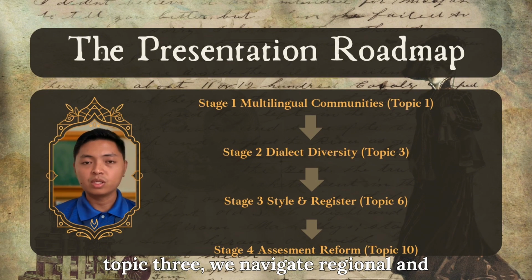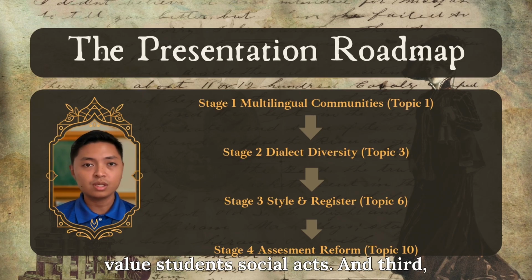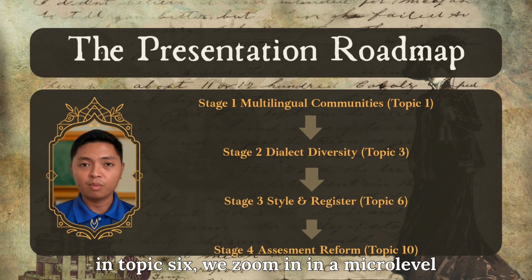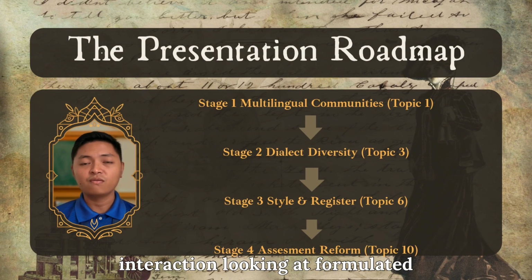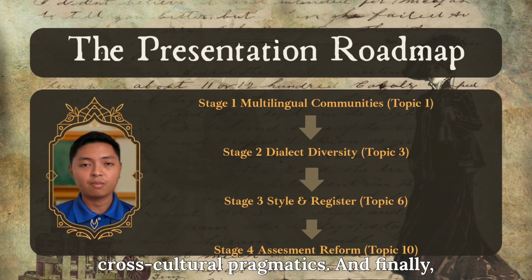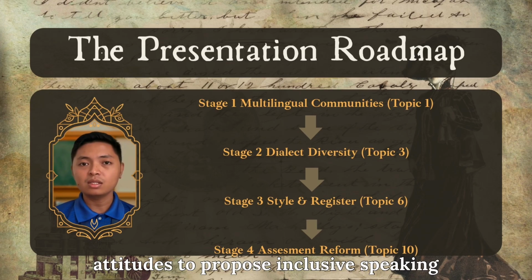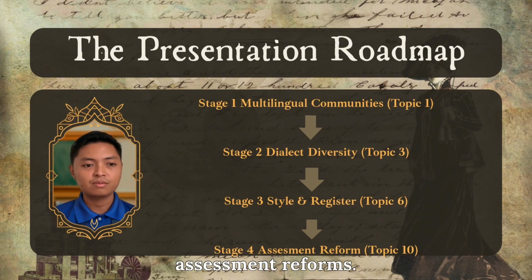Second, in topic 3, we navigate regional and social dialect variations, showing how to value students' social dialects. And third, in topic 6, we zoom in on micro-level interaction, looking at formality registers, politeness, and cross-cultural pragmatics. And finally, in topic 10, we address language attitudes to propose inclusive speaking assessment reforms.